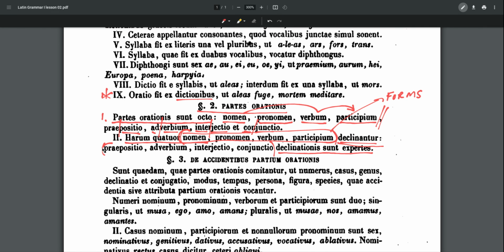And then at the very end of Latin Grammar 1, we're going to study the prepositions, adverbs, interjections, and conjunctions. So the forms of the first 4 parts of speech will take up most of our study in Latin Grammar 1. And then just learning the simple words and their meanings for the last 4 parts of speech will bring us to the end of Latin Grammar 1.